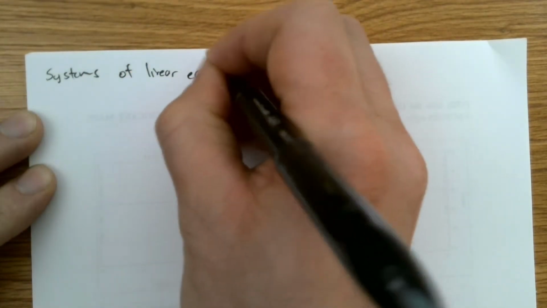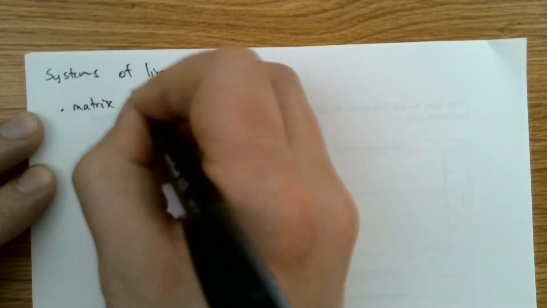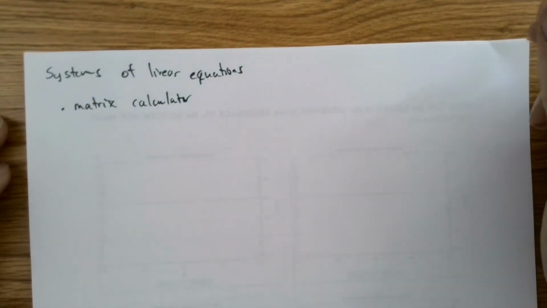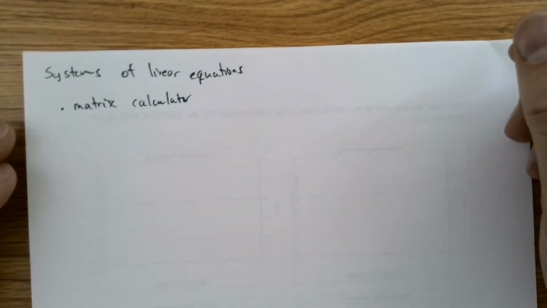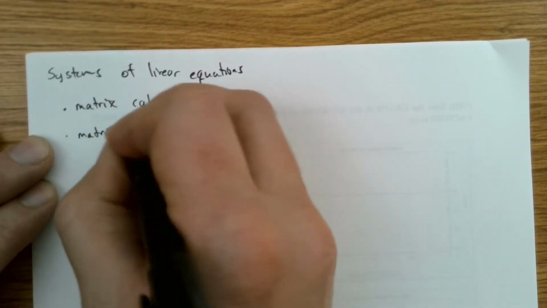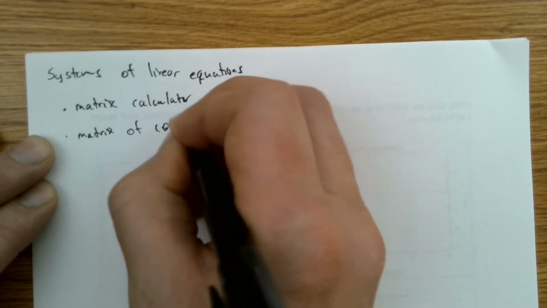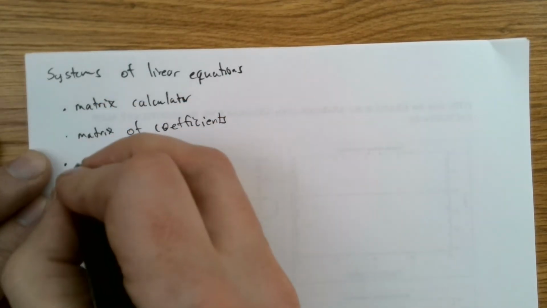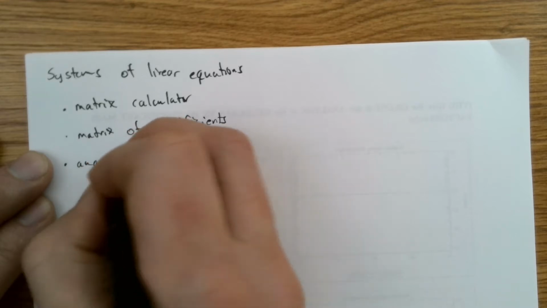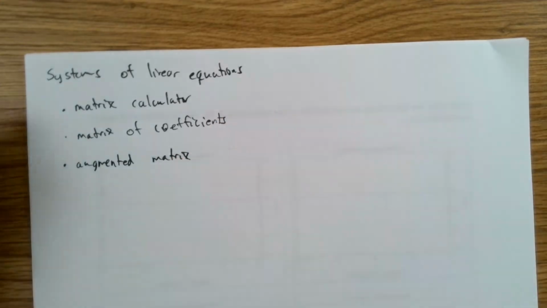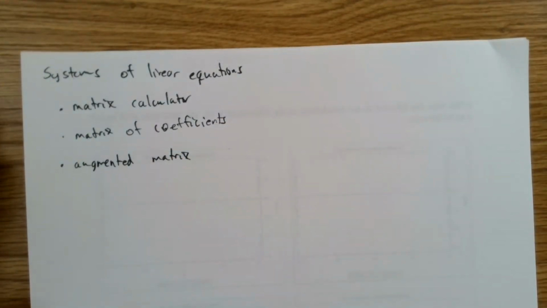Now I need a new page, and we looked at systems of equations, specifically systems of linear equations. And if you recall, we used the matrix calculator. It was a long time ago that helped us set that up, where we had the matrix of coefficients, we use the augmented matrix to solve the system in 2 or 3 variables.